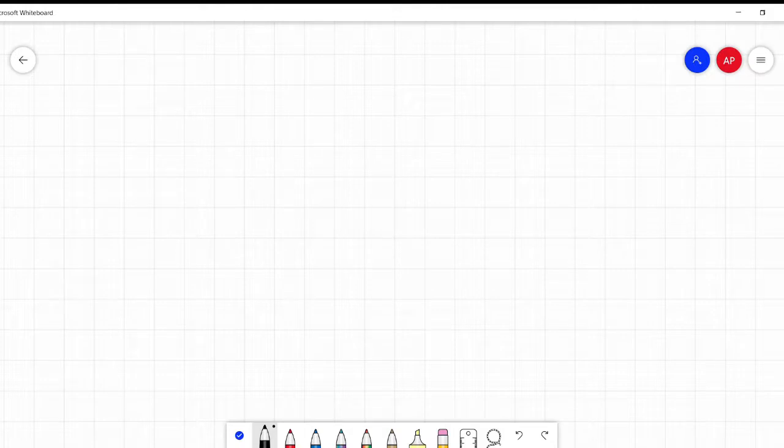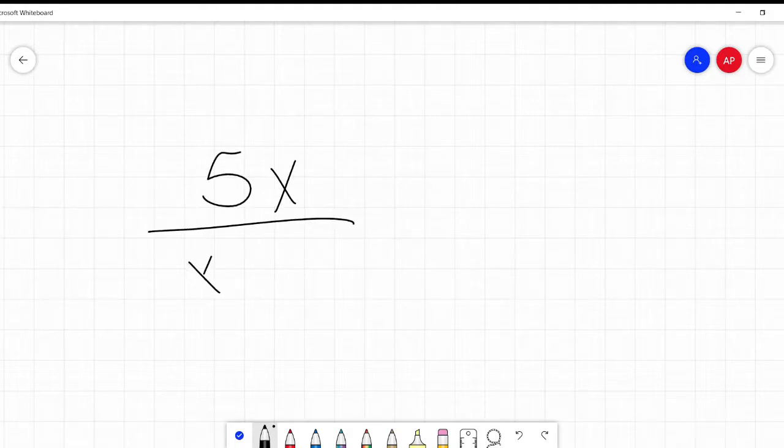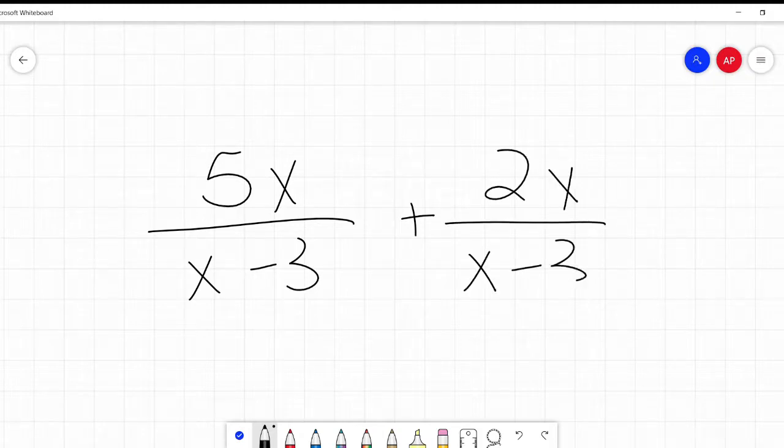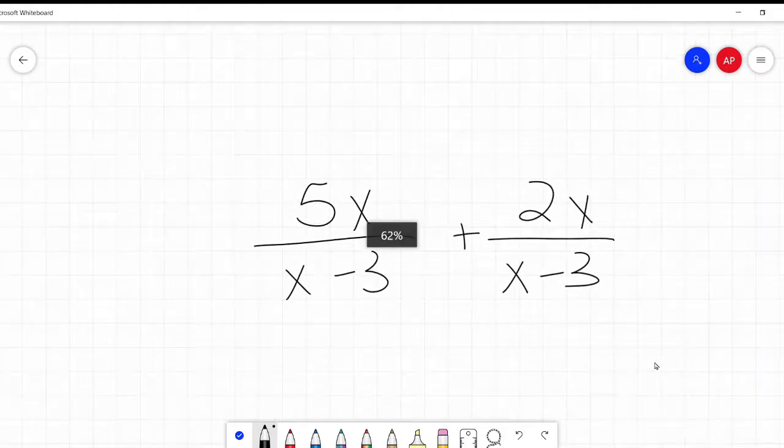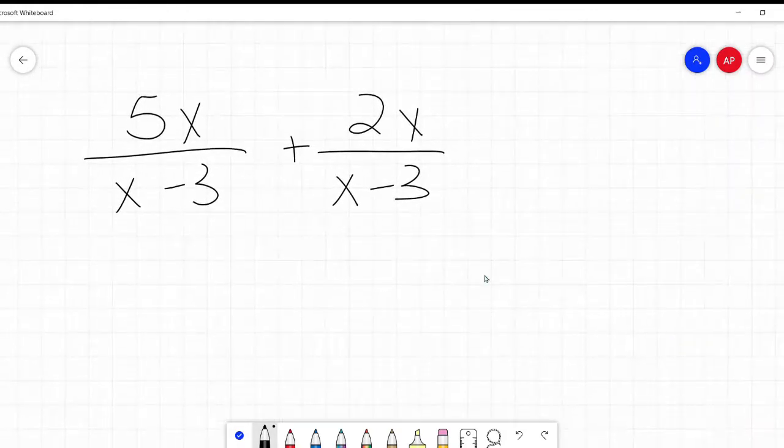So you could, this is unlikely, you could get something as simple as, say, 5x over x minus 3 plus 2x over x minus 3. Again, unlikely they're going to be this nice to you, but maybe you have a nice math book. In this case, our denominators are already the same.